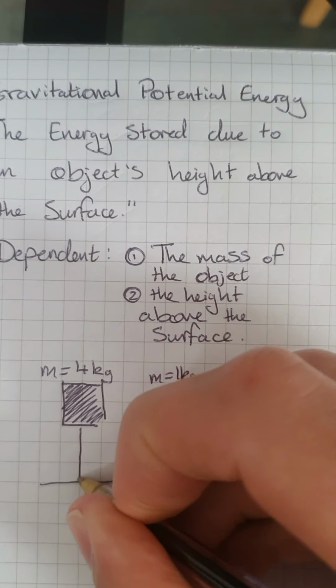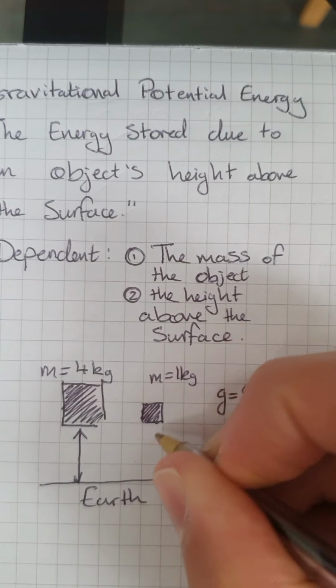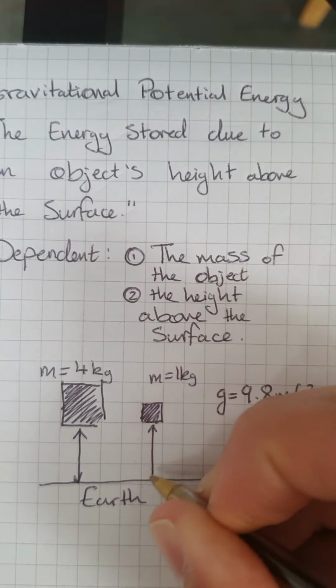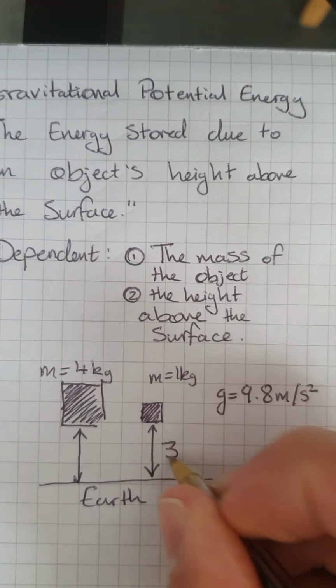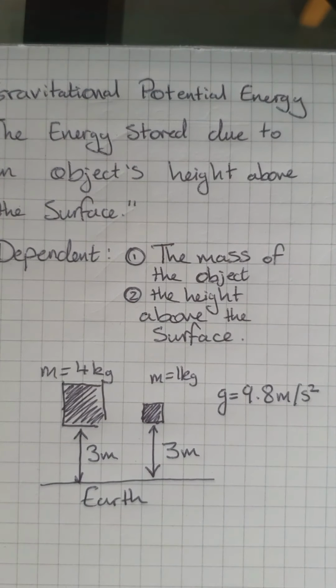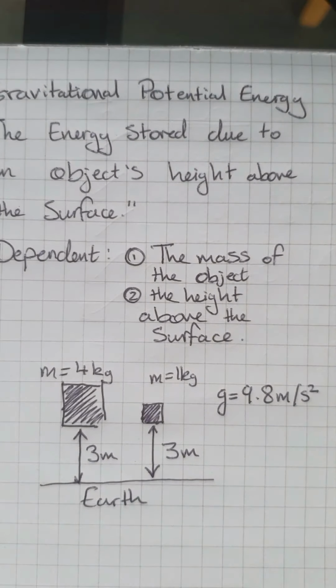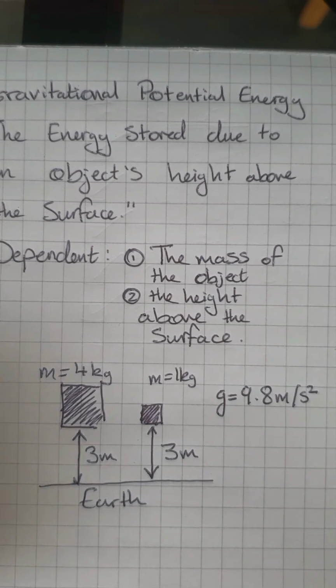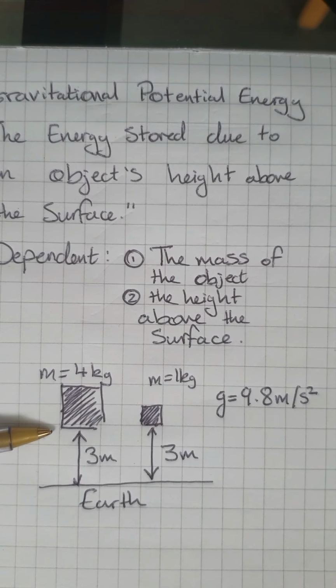If they're both held at the same height, 3 meters above the surface, which one will have a greater gravitational potential energy? Is it going to be this object, so we say A, or this object, B?